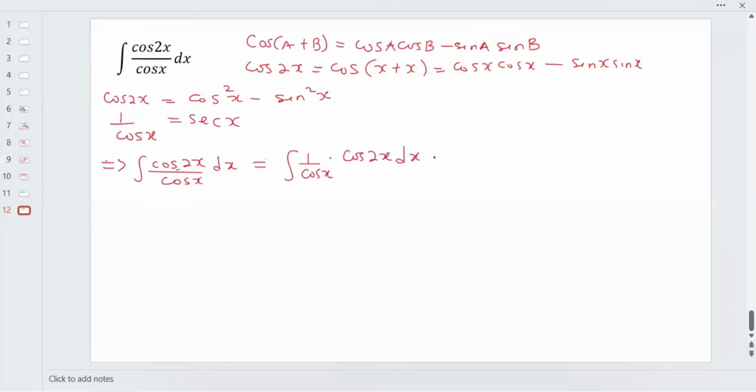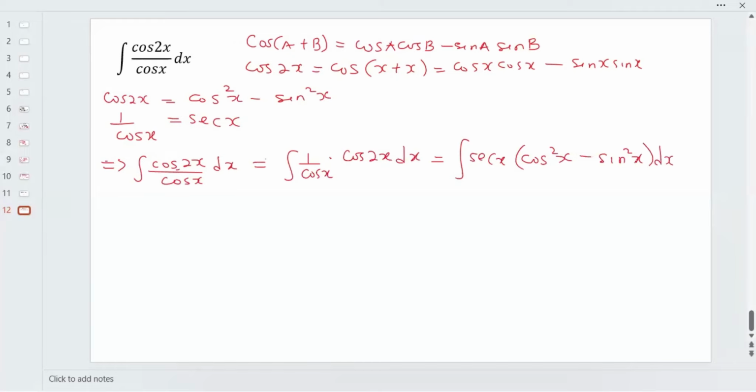And 1 over cos x is sec x, in brackets, then the cos 2x at the top is cos squared x minus sin squared x dx.